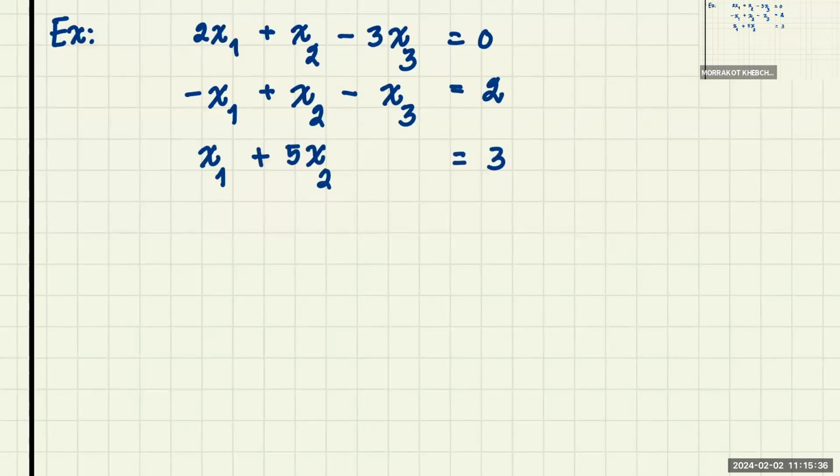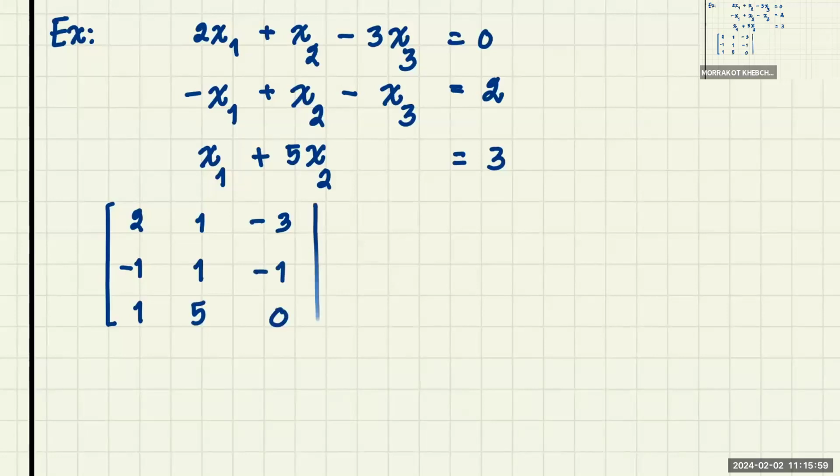If we have this system, we can write it in terms of an augmented matrix. I will have 2, minus 1, 1, 1, 1, 5, negative 3, negative 1, 0, and the right hand side is 0, 2, and 3.